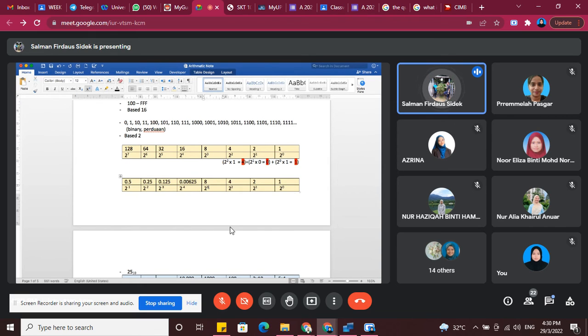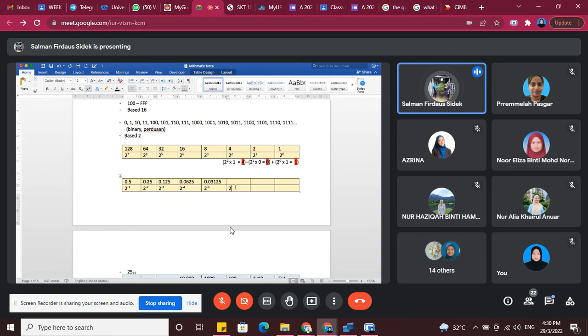The last one, to the power of negative 5, 0.03125. Okay, cukup. So you just need to know only to that extent tu je.